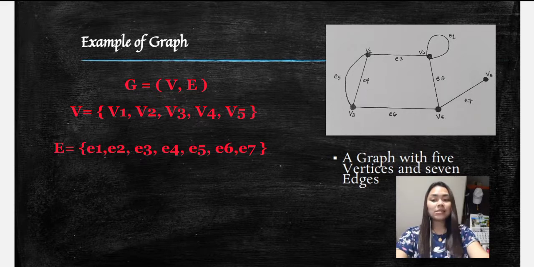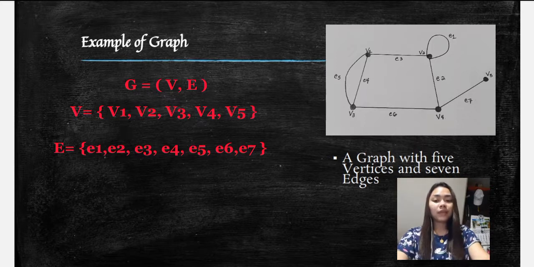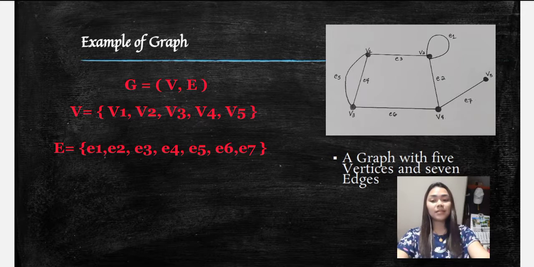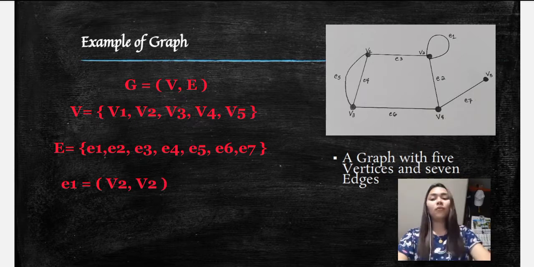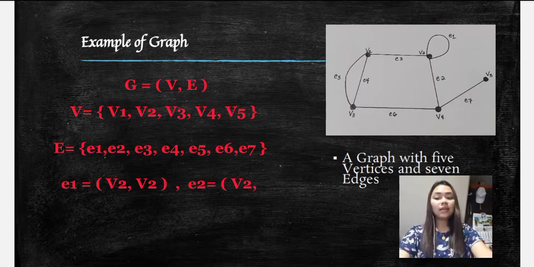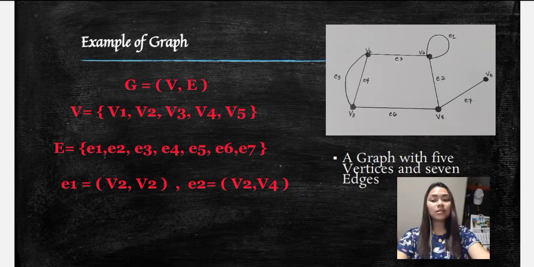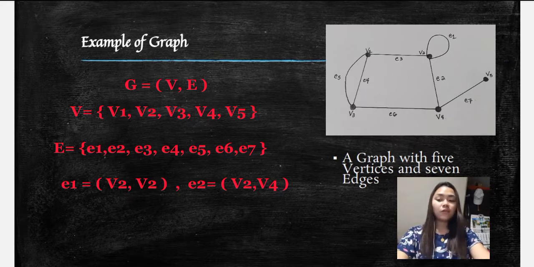We can see this edge e1 starts at vertex v2 and ends at vertex v2. It means edge e1 is identified by the pair v2 and v2. The second edge, e2, lies between vertices v2 and v4. That is, we write e2 in between the vertices v2 and v4.